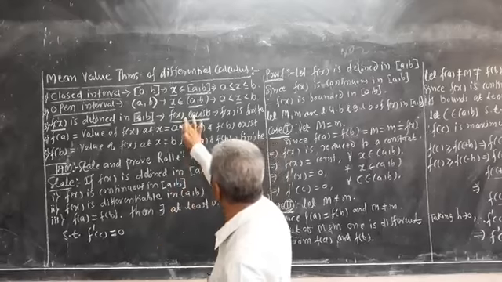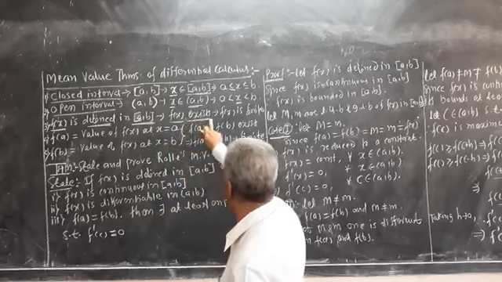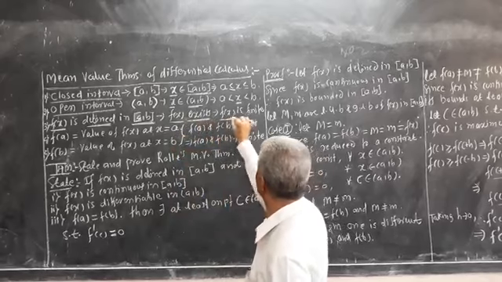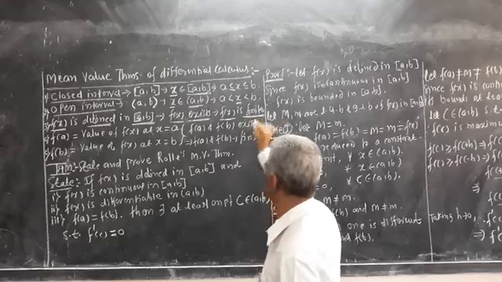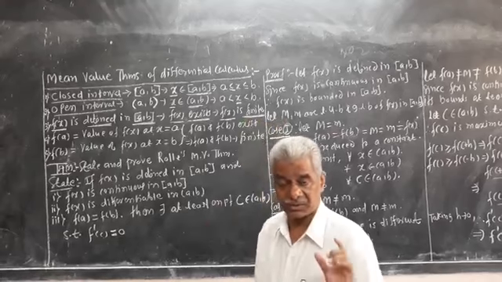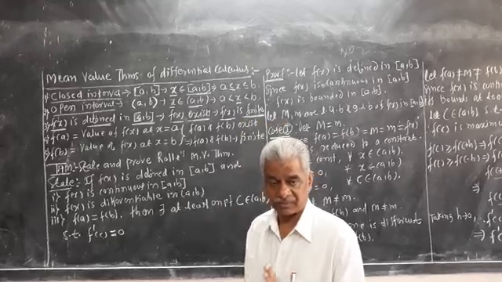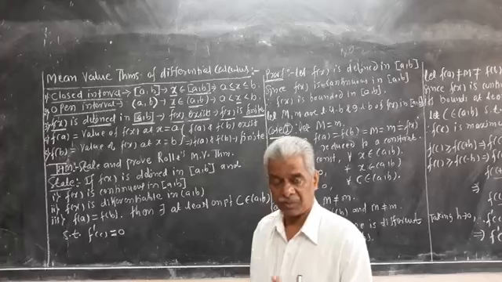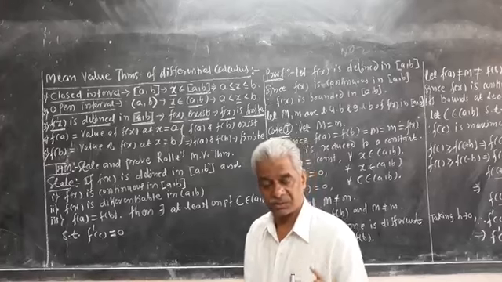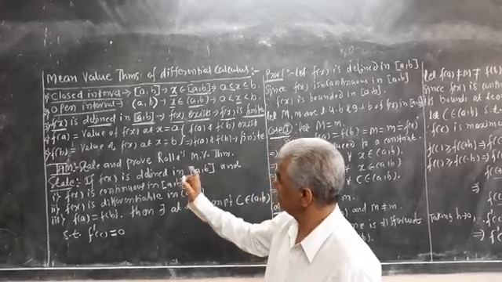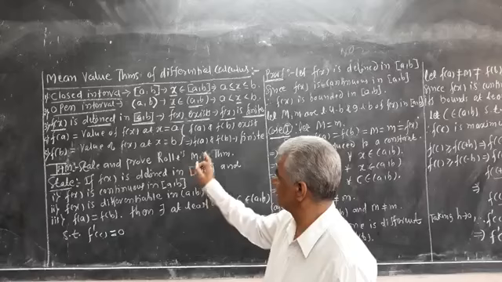Then what is the meaning of exist? Exist means that the value is always finite. Exist means finite, and does not exist means it is infinite. And here the function is defined in the interval AB.